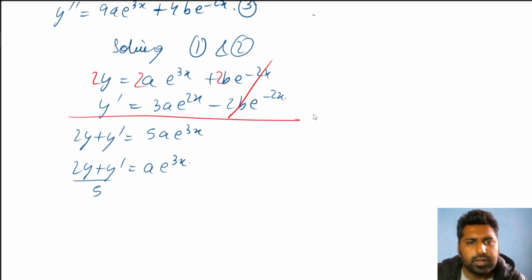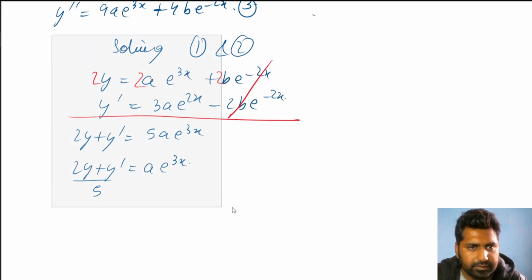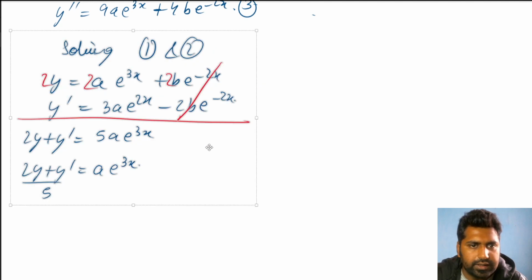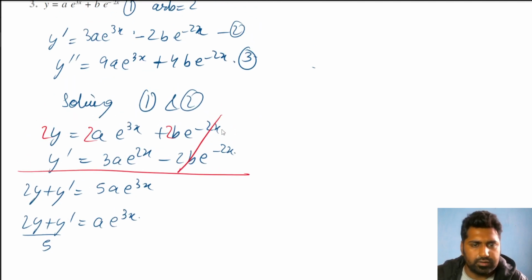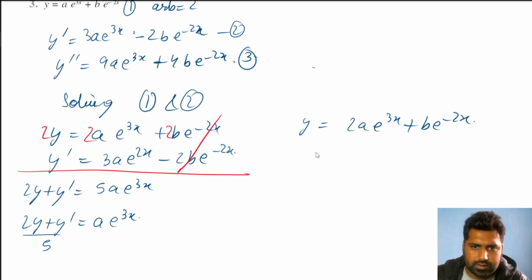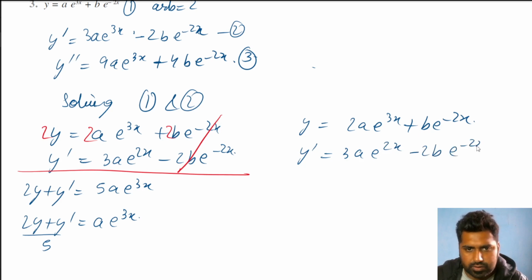Same way you do it again, this time doing the elimination on b e raised to power minus 2x. So solving 1 and 2 again. So y is equal to a e raised to power 3x plus b e raised to power minus 2x. Y dash is 3a e raised to power 3x minus 2b e raised to power minus 2x. This time we are doing for the reverse.